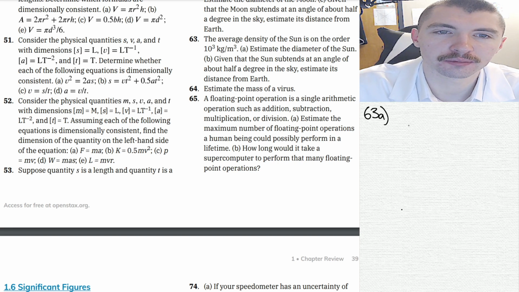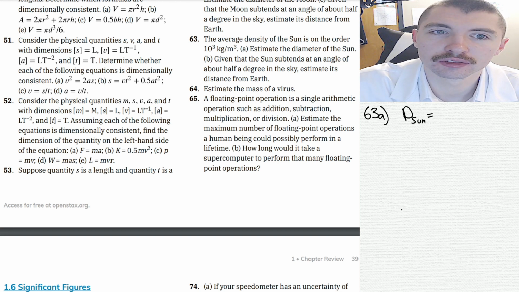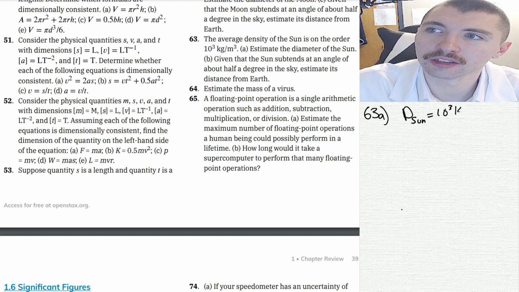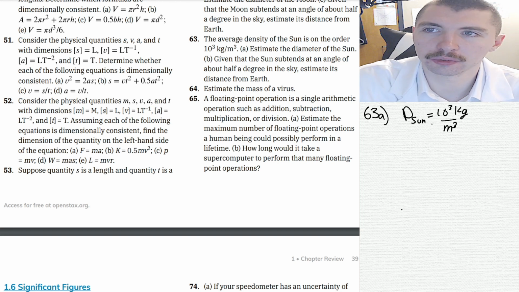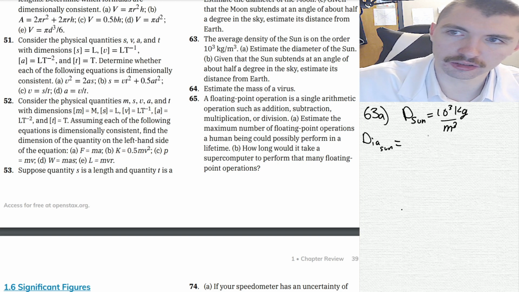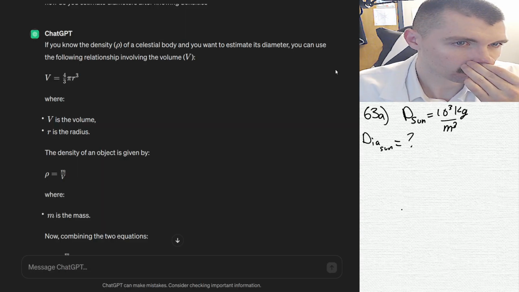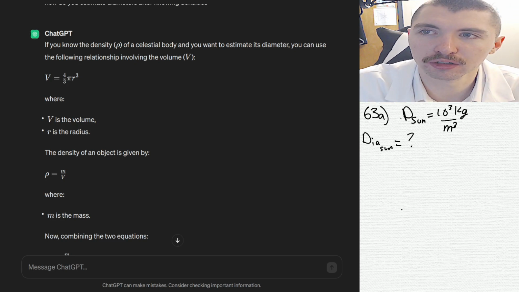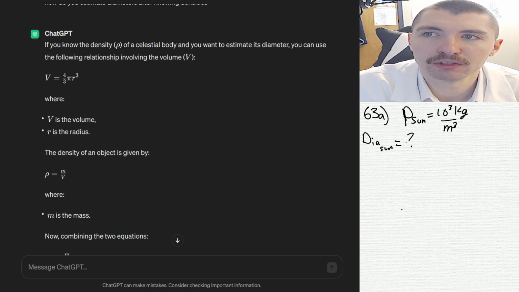We're on 63A, so we're given the density of the sun, which is 10 to the 3 kilograms per meter cubed. So we want to know the diameter. We have the density, now we want the diameter. You know the density, rho, of a celestial body.